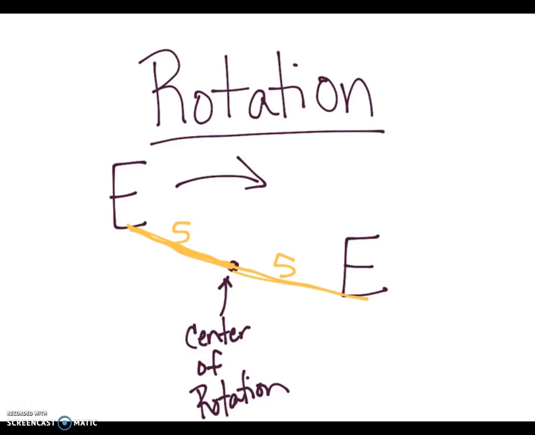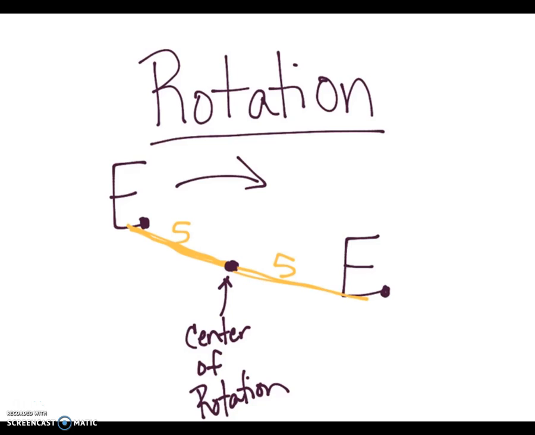So you really have to be sure you can identify your center of rotation. Okay? And again, each of the points on your figure will be the same distance from the center of rotation on the original shape and on your final shape.